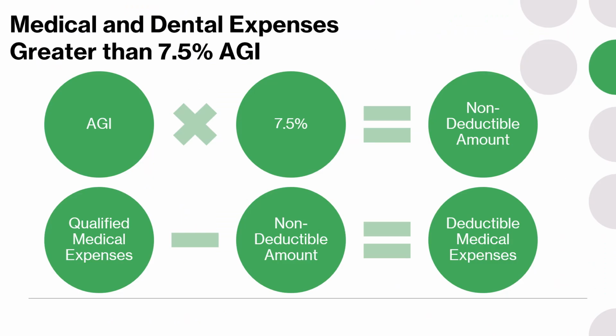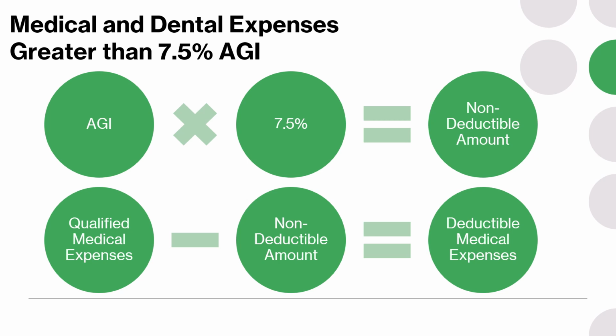So let's get started with our medical and dental expenses. And these are expenses that are greater than 7.5% of AGI. I thought sometimes it's a little confusing the way that's stated when we state it in words. So it's helpful to think about, we have our AGI, multiply that by 7.5%.